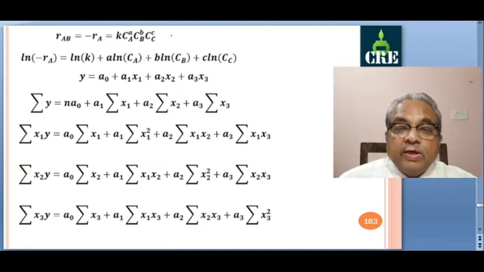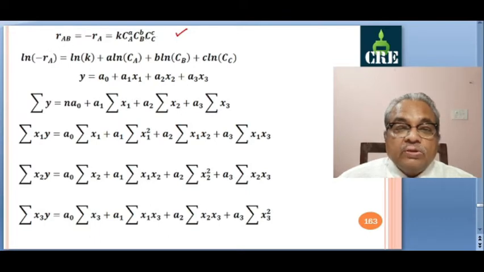So we don't have any idea about the rate law. So we will take a general form. Rate of formation of AB, that is rate of disappearance of A, is equal to some constant K into Ca raised to a, Cb raised to b and Cc raised to c. So the data provided to us is Ca, Cb, Cc and RAB. This we will fit by regression analysis.